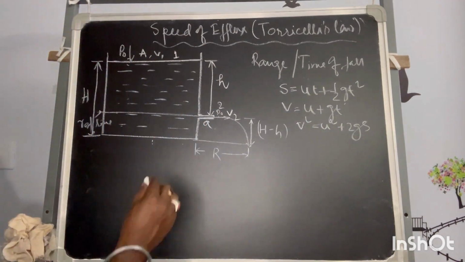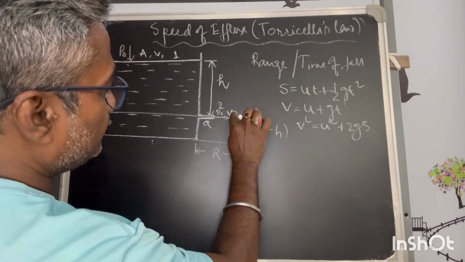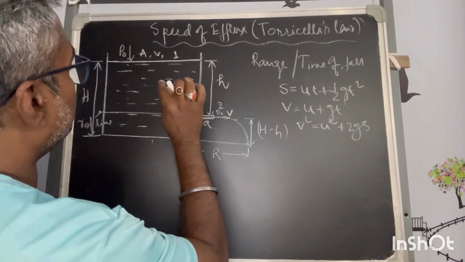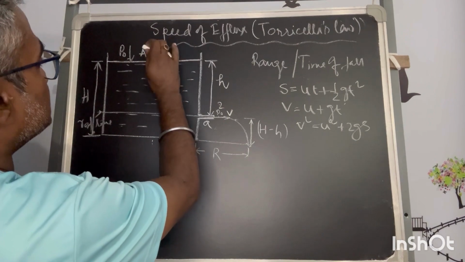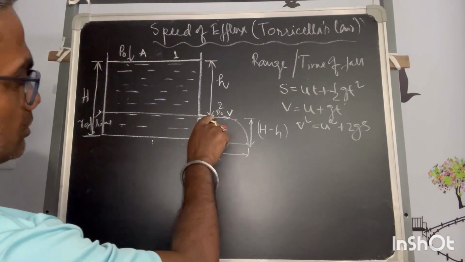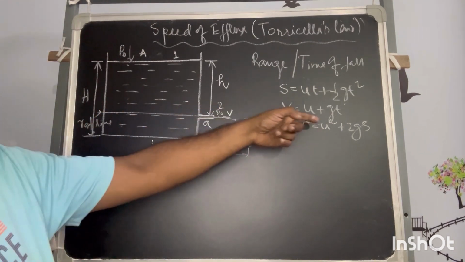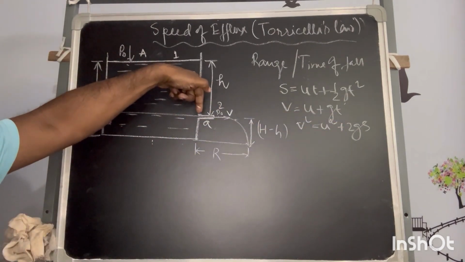Now, when the fluid is coming out of this, it only has horizontal velocity. I am taking it as v instead of v2. There is no downward velocity, so you can assume it is nothing. When it comes down through the duct, it comes out horizontally, so there is no velocity downward.